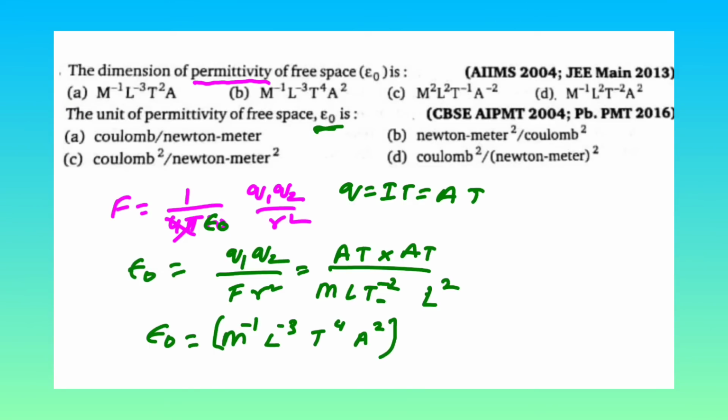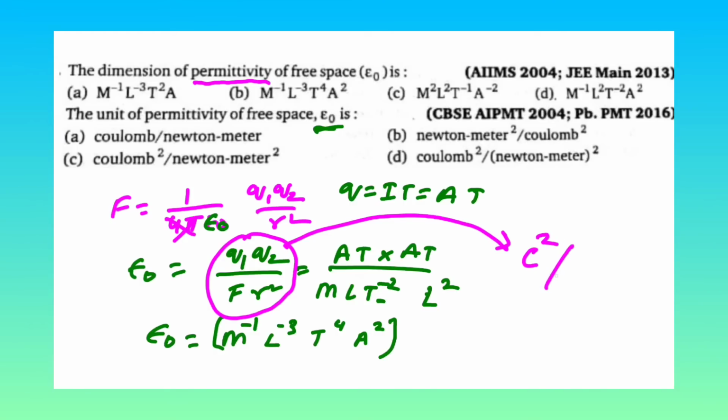You can find out the units by using physical quantities. Both charges are taken as Coulomb square, divided by Newton, since force is in the denominator, and R square means meter square. So Coulomb square per Newton meter square. The third option is going to be your answer.